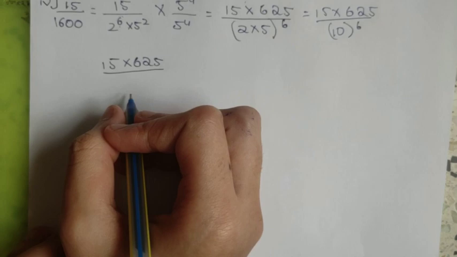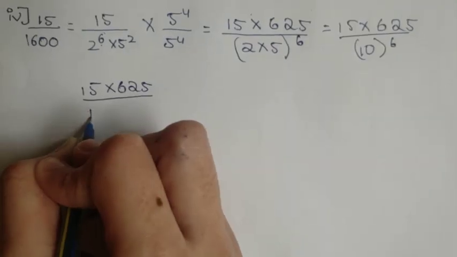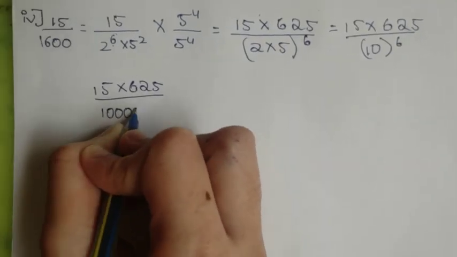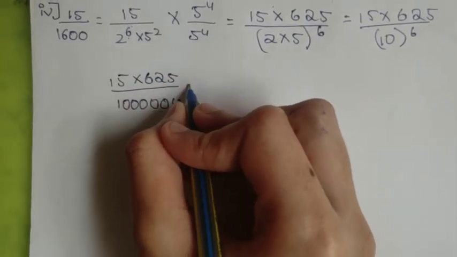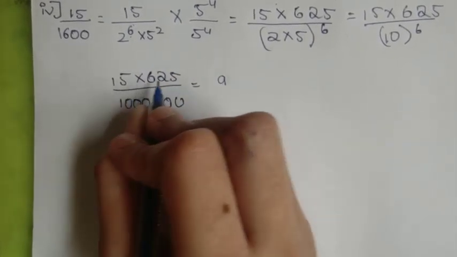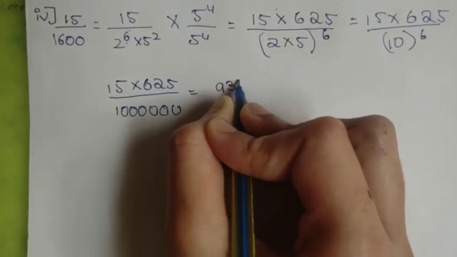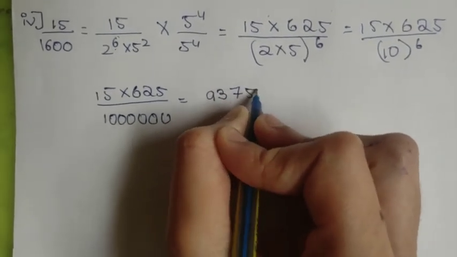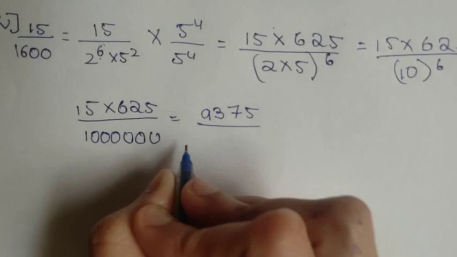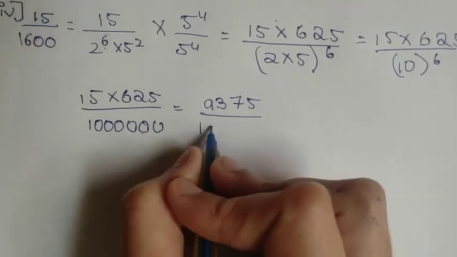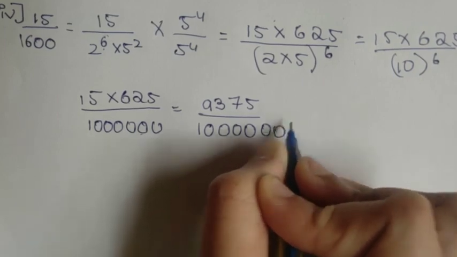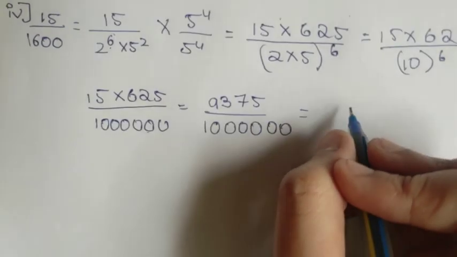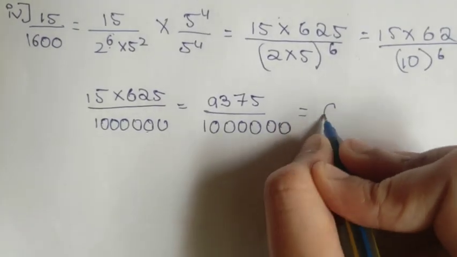Now when we multiply these numbers, we get 9375. So here again I write this here.